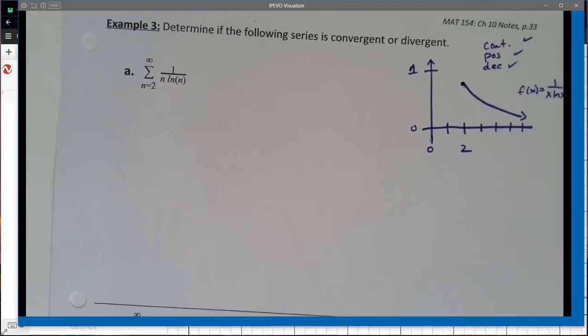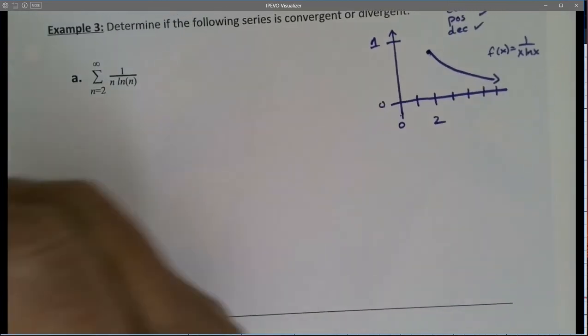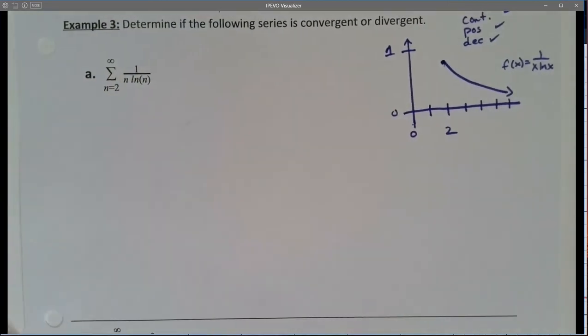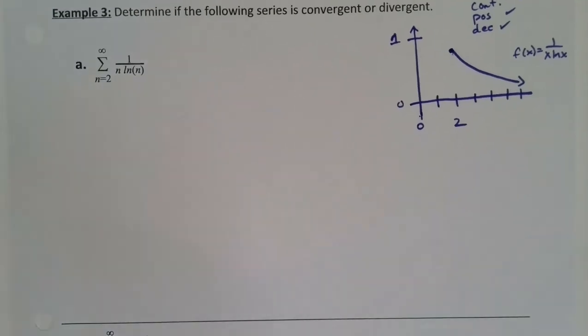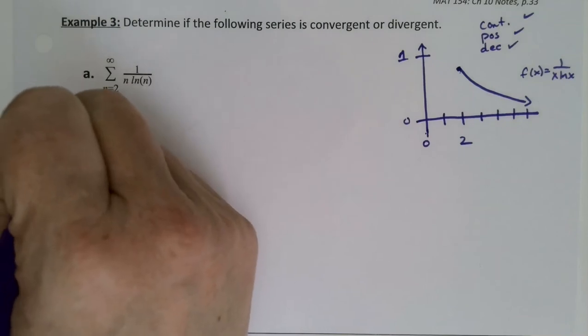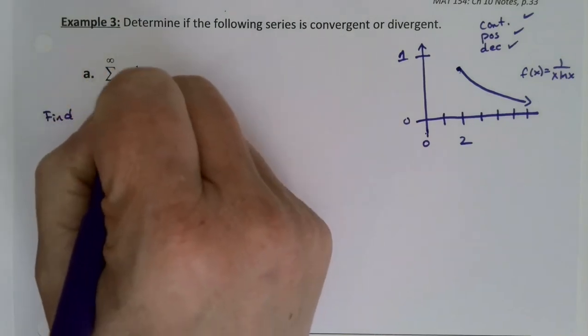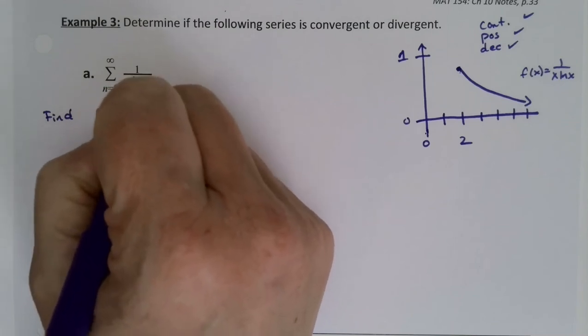My window got strange. Okay, so now I want to find that integral. I'm going to find the integral from 2 to infinity of 1 over x natural log of x.